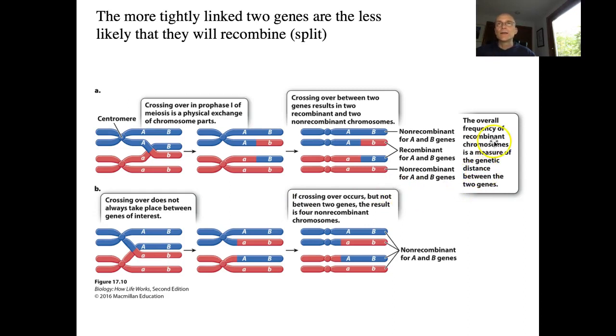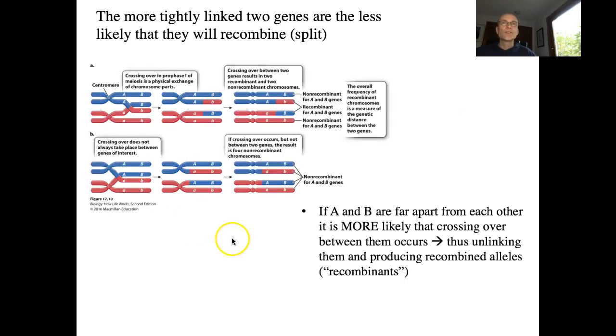And that is what we're going to use now to do some calculations with respect to where two genes might sit. So let me just write this down here and say that if A and B are far apart from each other, it is more likely that crossing over between them occurs. Right?